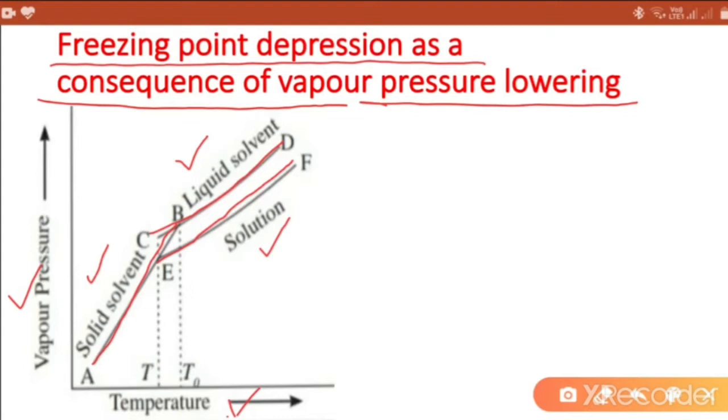Curve AB and CD intersect at point B, and this temperature is called the freezing point of solvent. Here T0F is the freezing point of solvent.